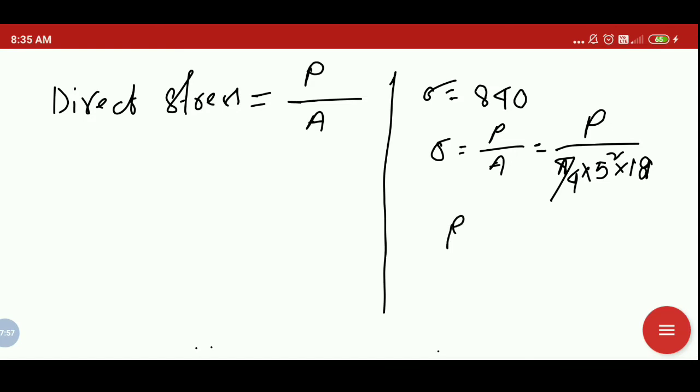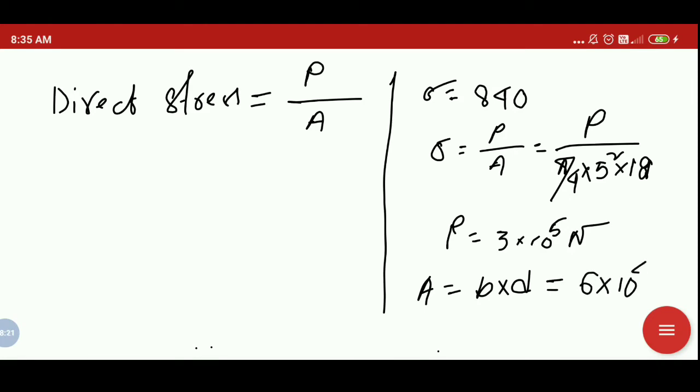So here P value is 3 into 10 to the power 5 Newton, and A is the cross section area, B into D, that is 6 into 10 to the power 4 mm square.